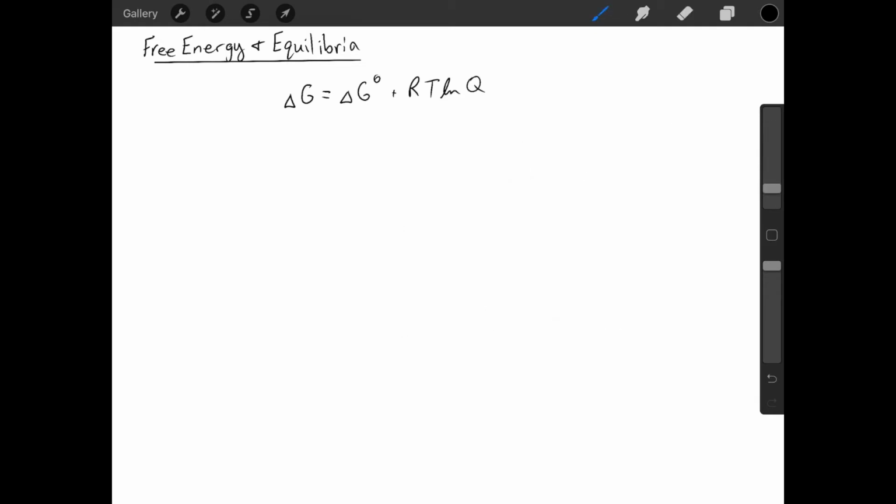So now that we know this expression works, we can recognize that it applies at non-standard conditions. We can look at it under a specific set of conditions. We can look at it specifically at equilibrium. Remember that at equilibrium, your delta G is equal to 0.